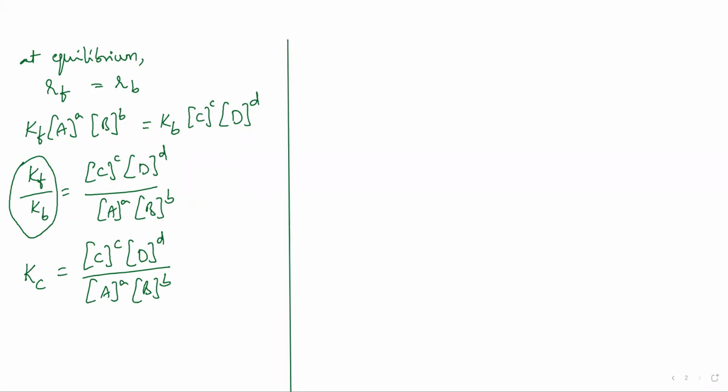Similarly, in the reaction, if gaseous reactants and gaseous products are present, then we cannot consider concentration. For gases, we have to consider partial pressures. So equilibrium constant with respect to partial pressures.